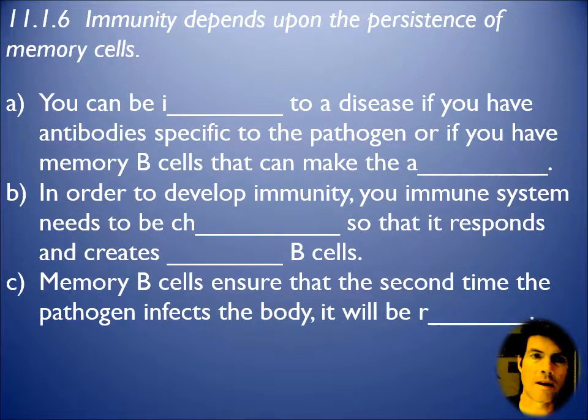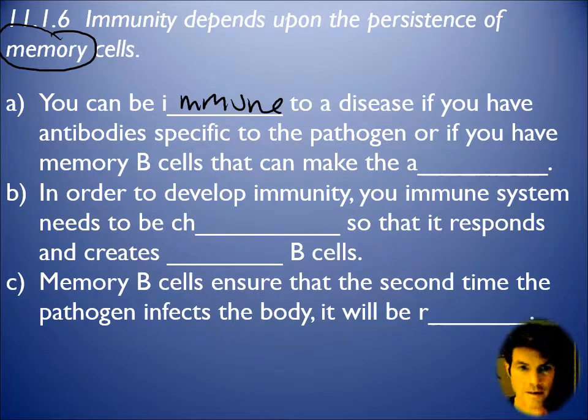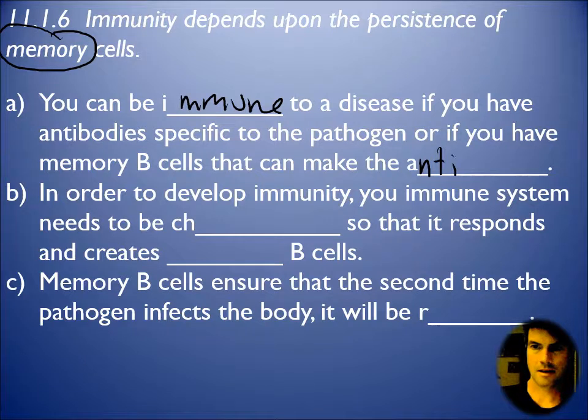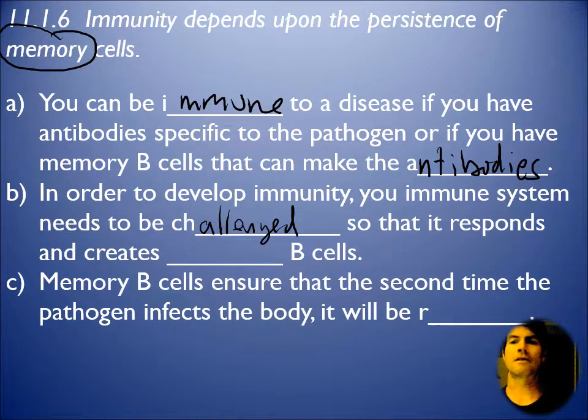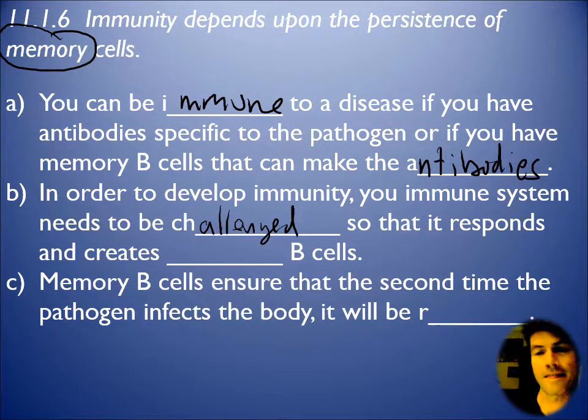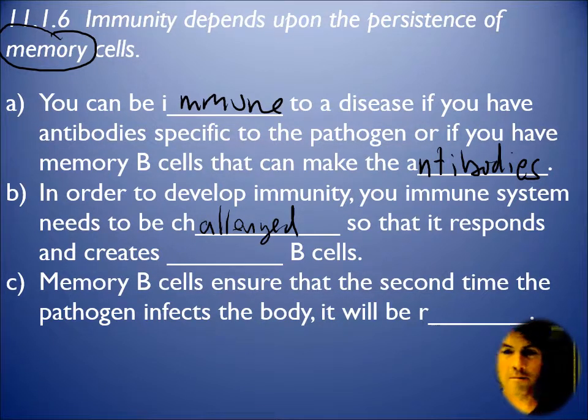All right, memory cells. That's what makes you immune. You can be immune if you have specific antibodies, or mainly memory B cells that can make those antibodies. In order to do that, you need to be challenged naturally by the thousands, perhaps millions of pathogens your body is exposed to every single day.